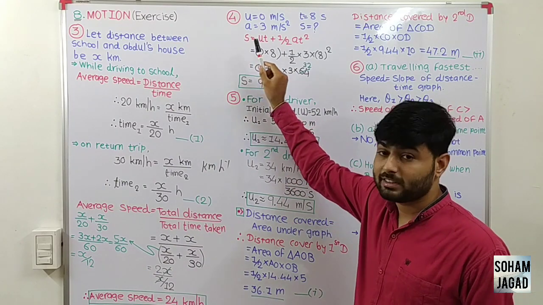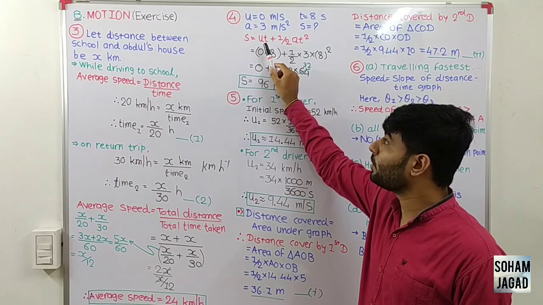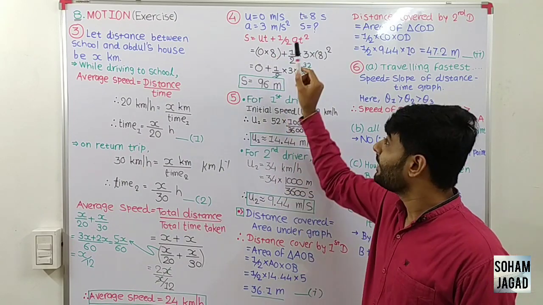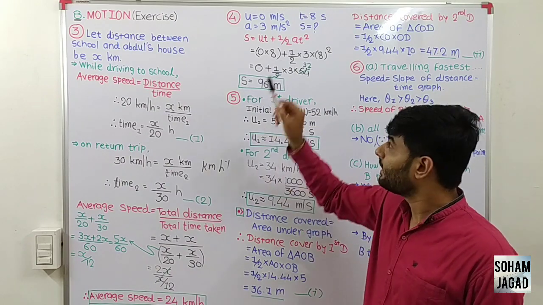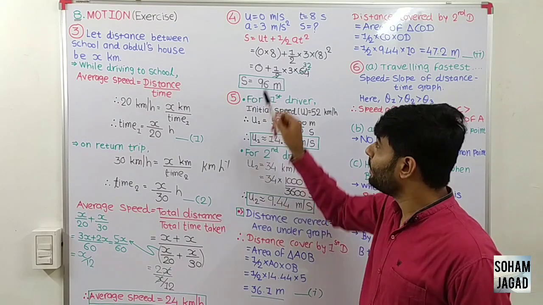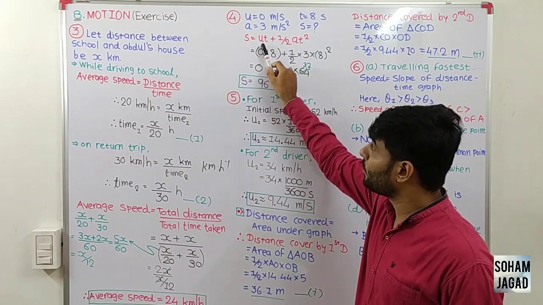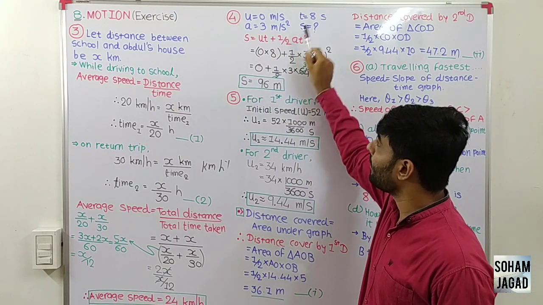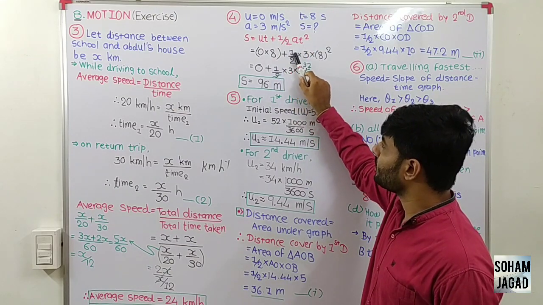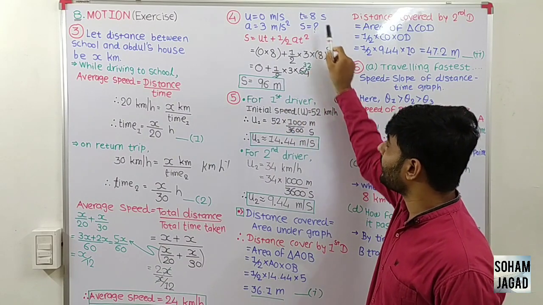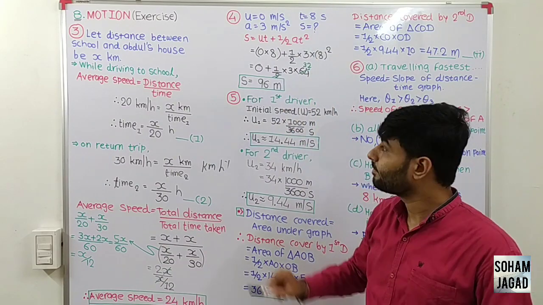What is s? s is distance traveled, u is initial velocity, t is time, and a is acceleration. So put the values in the given equation. For u we have 0, so I write 0, multiplied by t, which is 8, plus half a, where a is 3, and time again is 8 square.